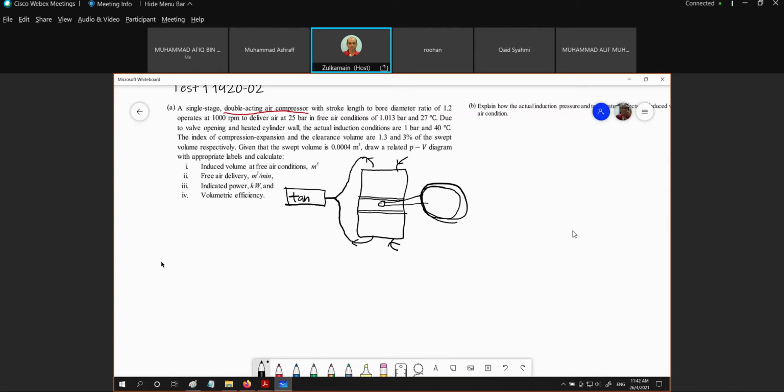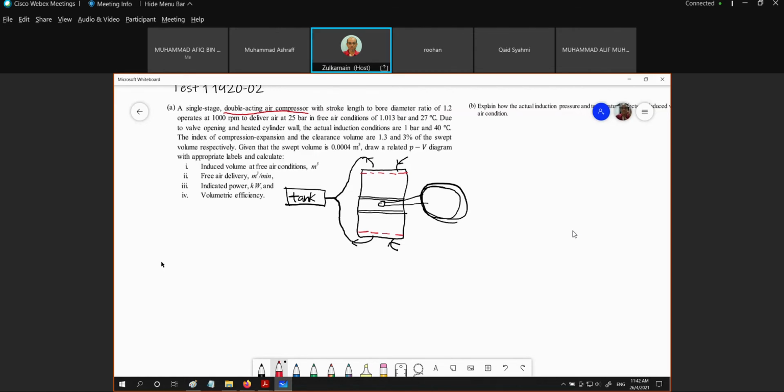The air after the compression will be accumulated in this tank. And then remember, we have clearance volume right here. So two intakes, two deliveries.